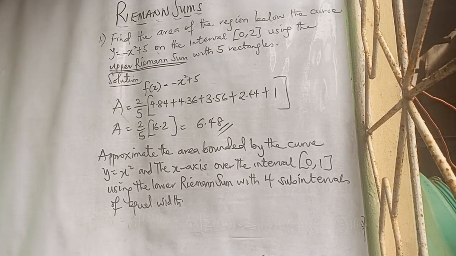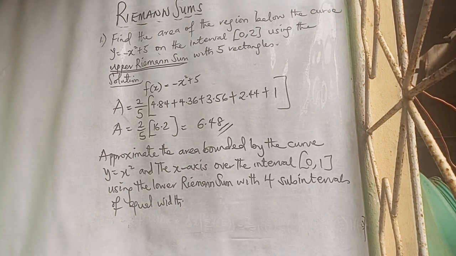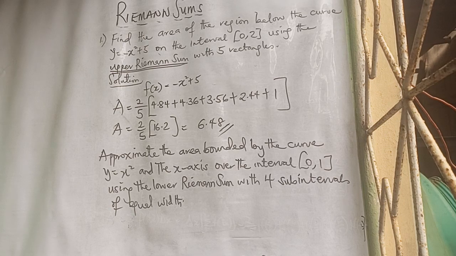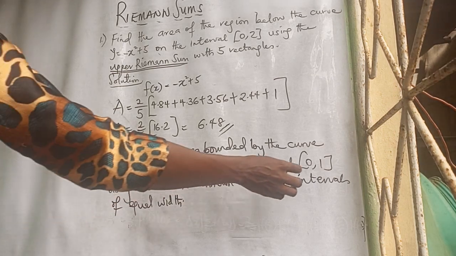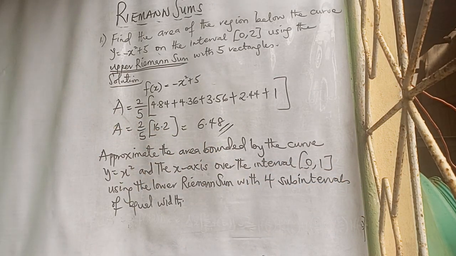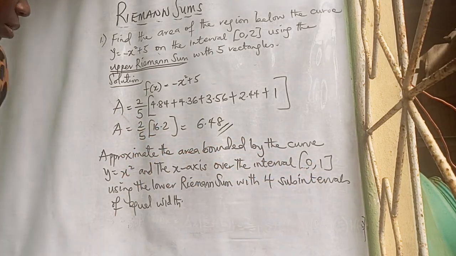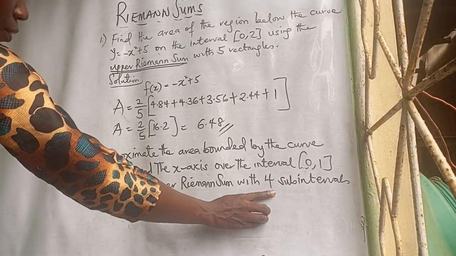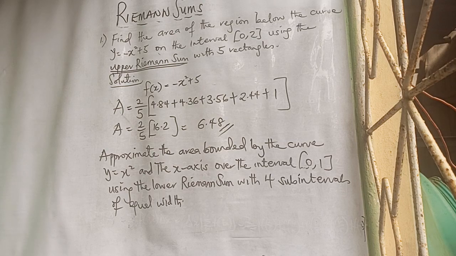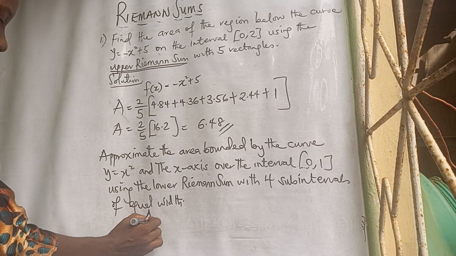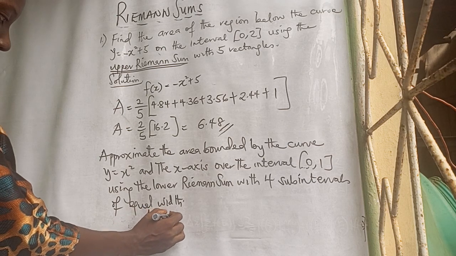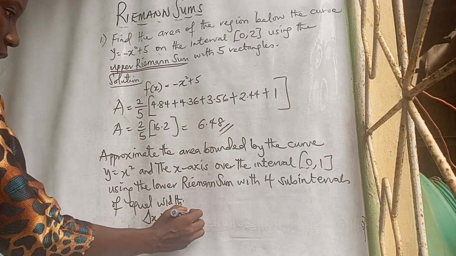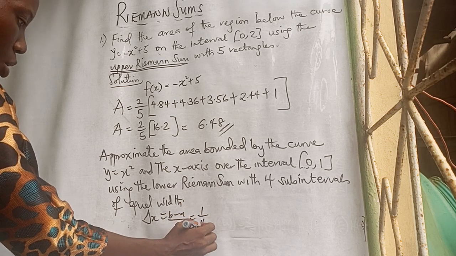Let me give us a hint as to how we are going to solve this. Remember, our interval is from 0, 1, and we have 4 subintervals. That tells us that our delta x will be what? b minus a over n, and that is 1 over 4.